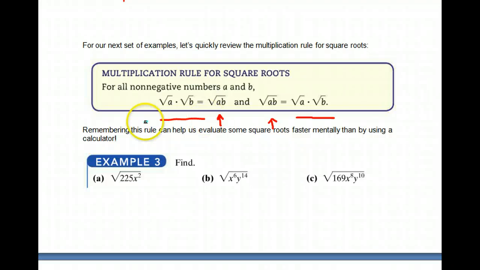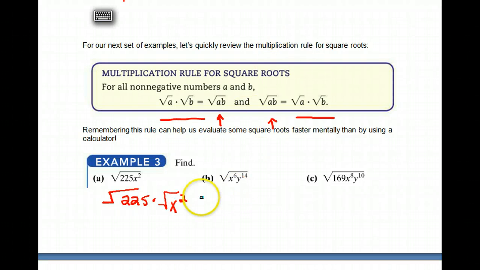So you're going to think to yourself, okay, I better split this up and make the square root of 225 times the square root of x squared. We are allowed to do that according to that product rule for square roots.